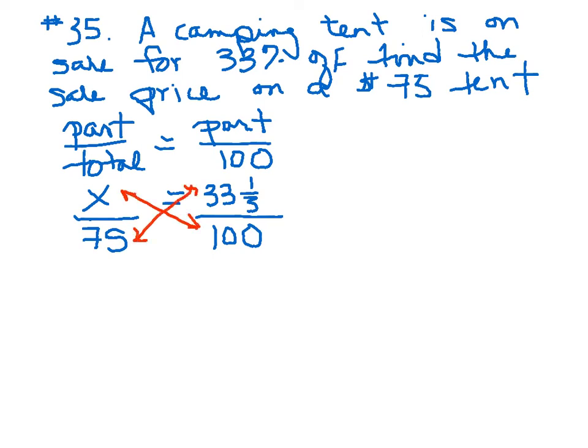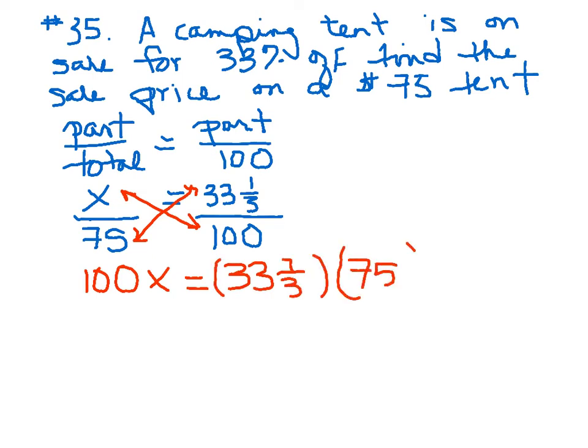So here we go, let's cross multiply. So I get 100x is equal to 33 1/3 times 75, and I get 2,499.75.